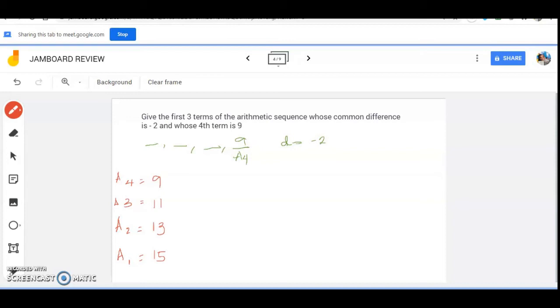Hindi ko tatanggalin ito, dyan lang yan. Para pag binigay ko yung Jamboard, try nyong hanapin itong mga to gamit ang formula natin for arithmetic sequence. Try to see kung tama ba yung working backwards natin using this formula.